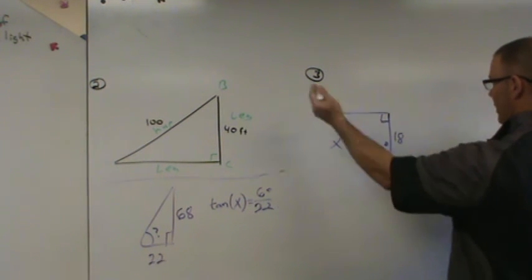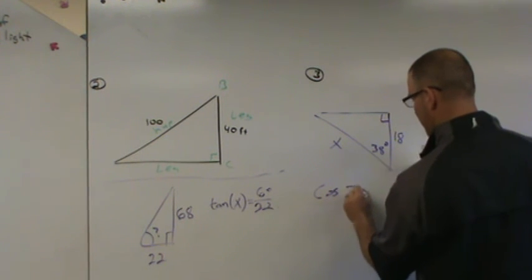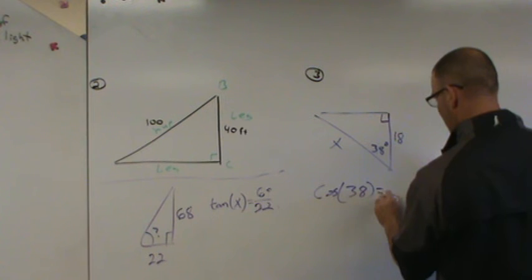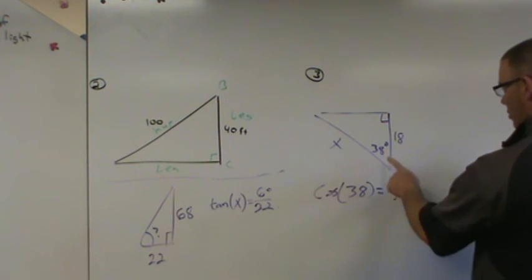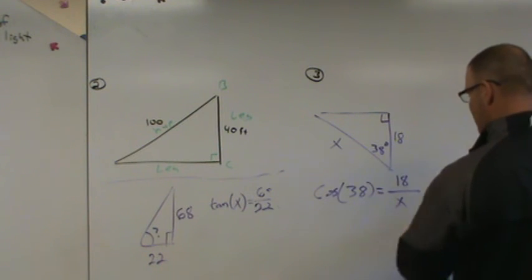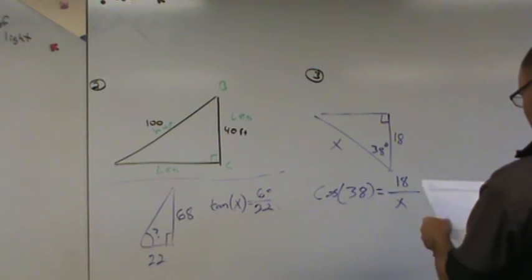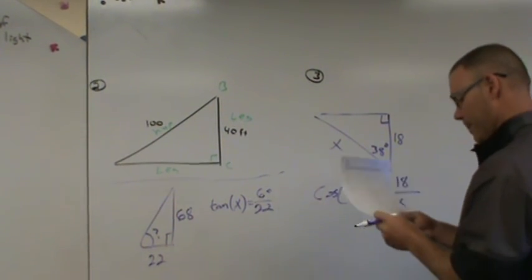Opposite would be over here. Don't know that. Adjacent is here, so this is going to be a cosine of 38 degrees is equivalent to, create your ratio, adjacent, 18, over hypotenuse, x. There you go. X happens to be in the denominator. All I said was create the ratio. That's all you have to do for the first 8.